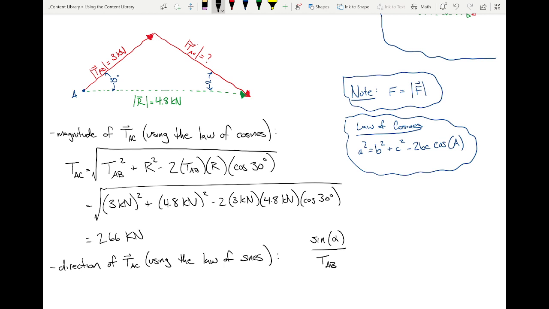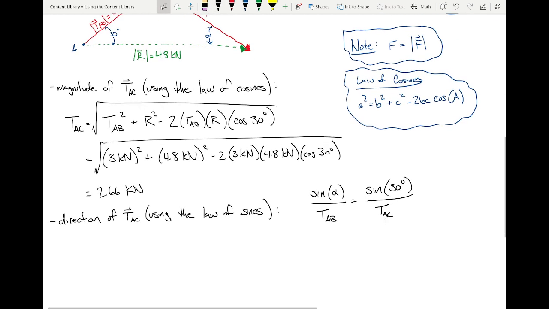So this angle and the side opposite that angle. So sine of alpha over TAB equals, and then I need a pair of values that I do know that are opposites. So I know this angle is 30 degrees, and I now know TAC because I just figured it out. So that equals the sine of 30 degrees over TAC.